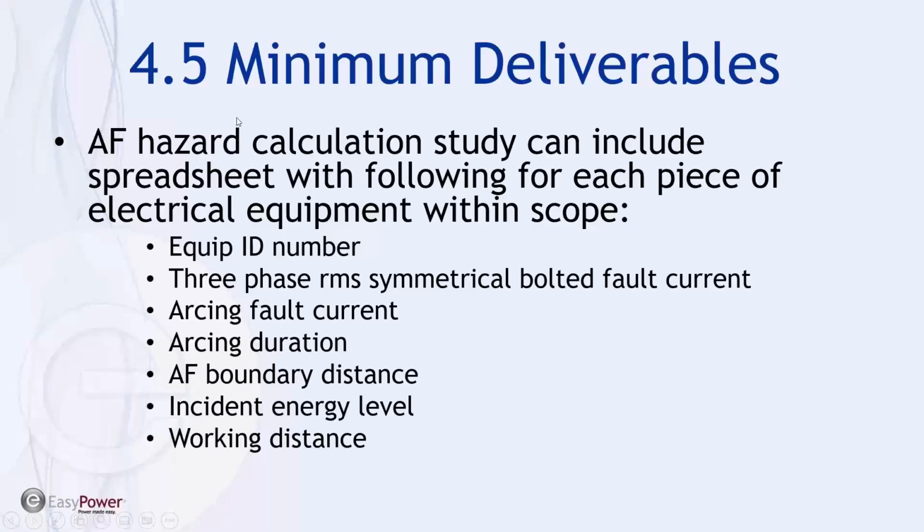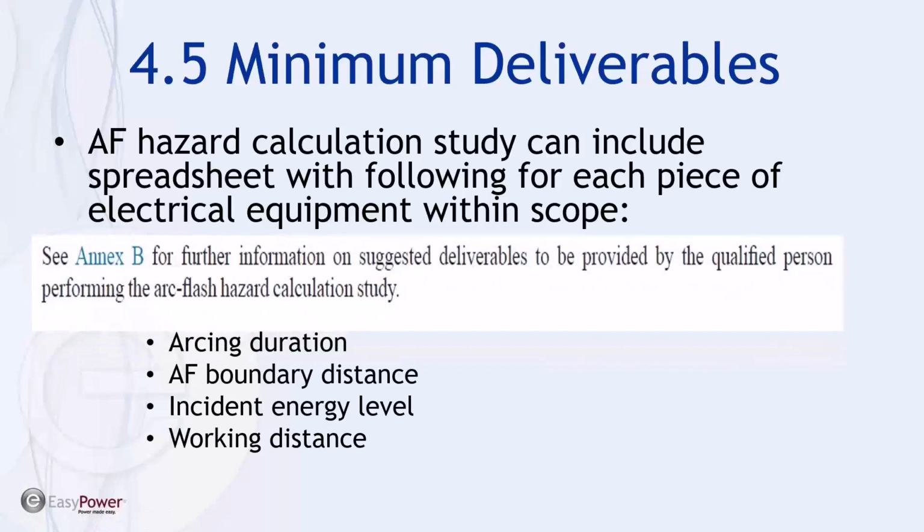What the suggestion in this new updated standard is, is that the arc flash hazard calculation can include a spreadsheet with the following information: equipment ID, three-phase bolted fault current, arcing current, duration, arc flash boundary, incident energy, and working distance. But then it suggests that we go to Annex B for further information on suggested deliverables to be provided by a qualified person performing the arc flash.